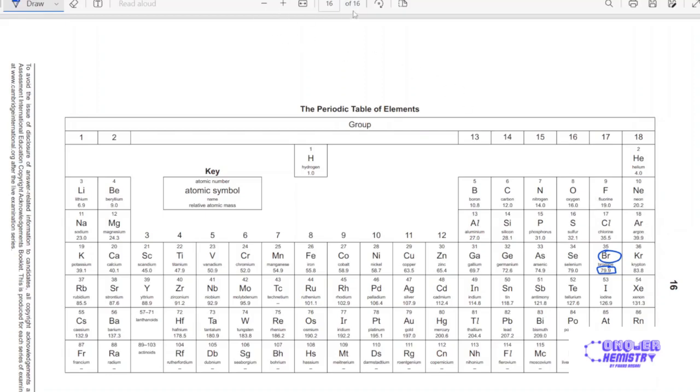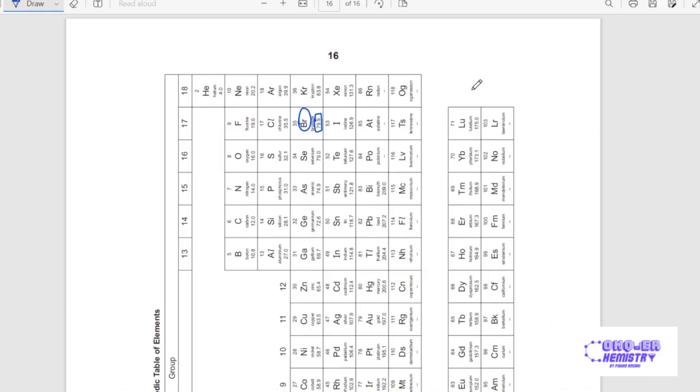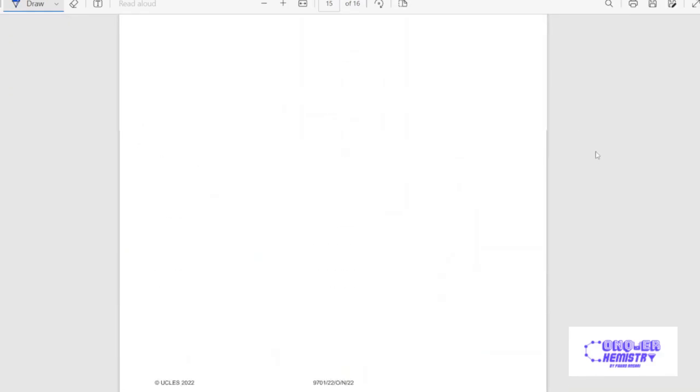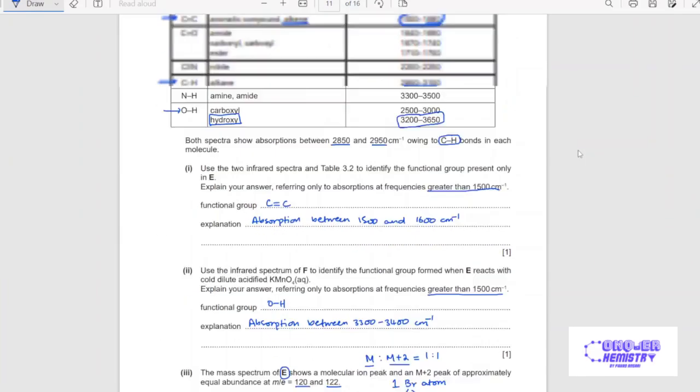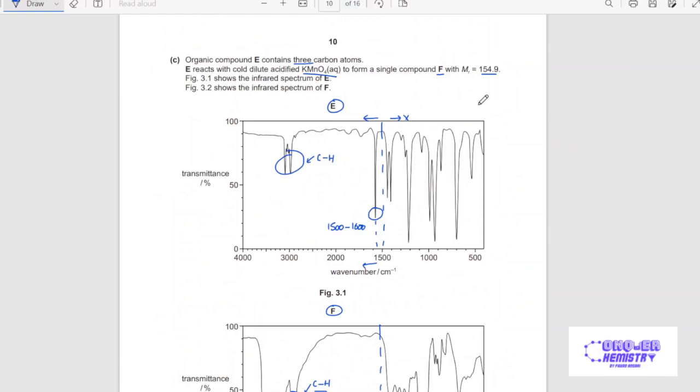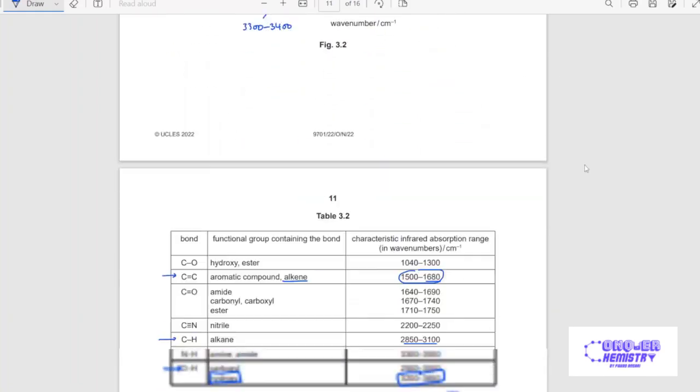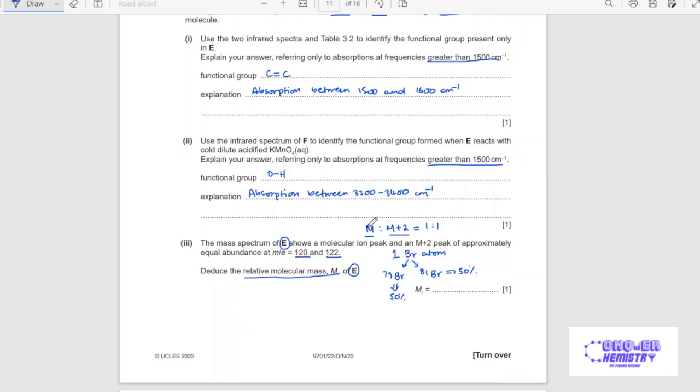Okay. Let's go back up. All right, so if you remember that compound F has an MR of 154.9. All right, and organic compound E contains 3 carbon atoms. Okay, so you have this information, but now here's the thing. You already have the mass to charge ratios of the M and M+2 peaks, which are 120 and 122.